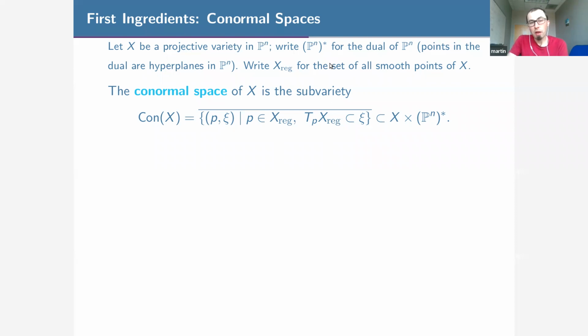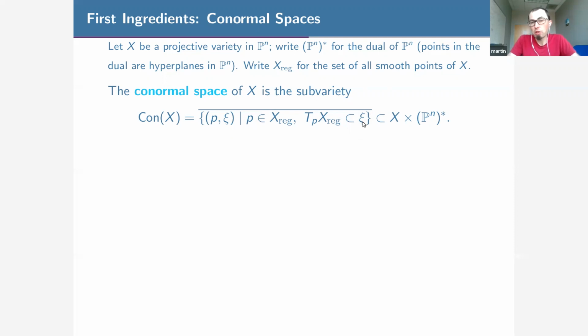So then we're going to define this thing called the conormal space. And we're also going to write X reg for all the smooth points in X. So what the conormal space will do is for each smooth point P in X reg, we're going to pair that smooth point with some xi, which is a hyperplane in Pn, represented as a dual point.